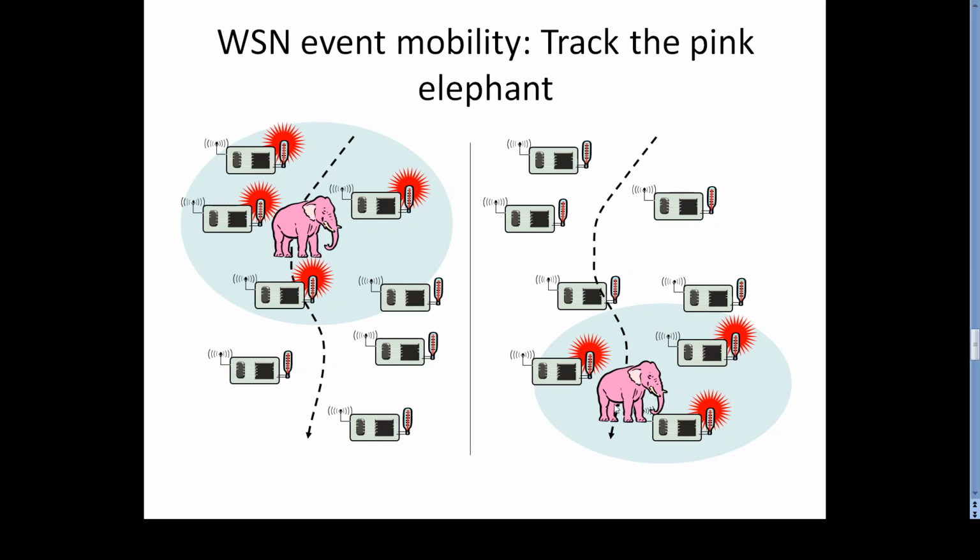Here is an example of WSN event mobility: track the pink elephant. Here the event is the movement of the elephant. In this first figure the elephant is present here, and there are 4 sources measuring the data, which means the elephant is present here. The elephant has moved along this particular path.